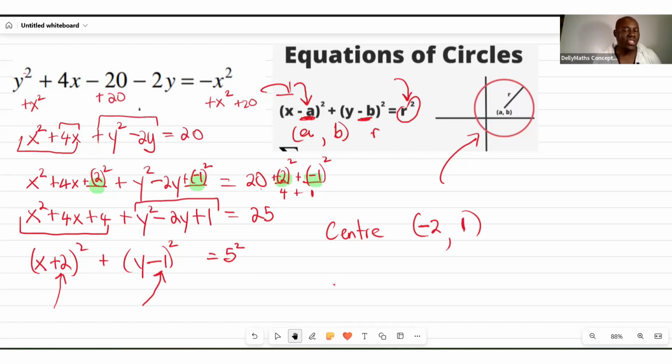So our center is actually at (-2, 1), where this is my x and this is my y coordinate at the center. What is my radius? My radius has to do with this number here. The radius is 5. So there we go. We just wrote the equation of a circle in the center radius format. We identify the center and the radius.